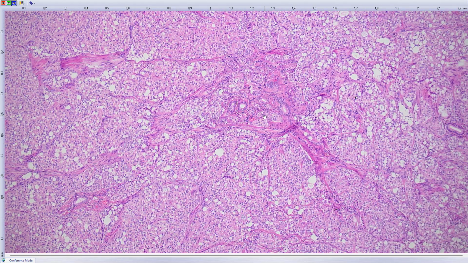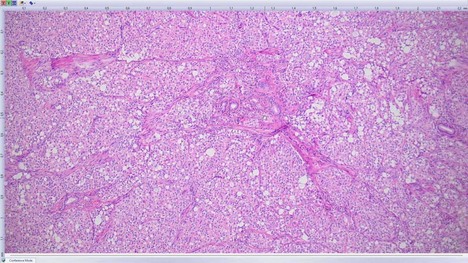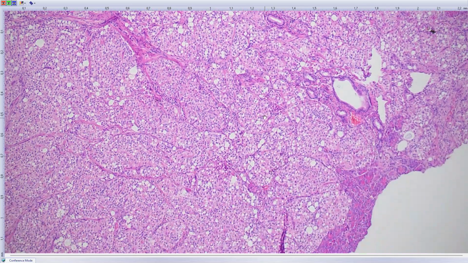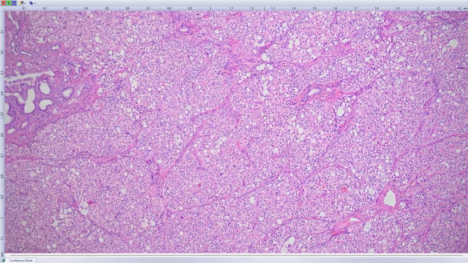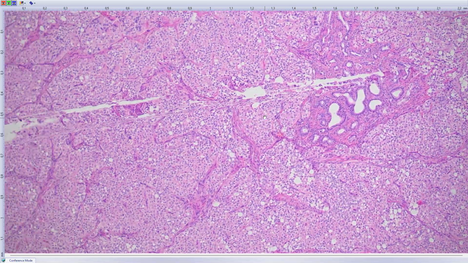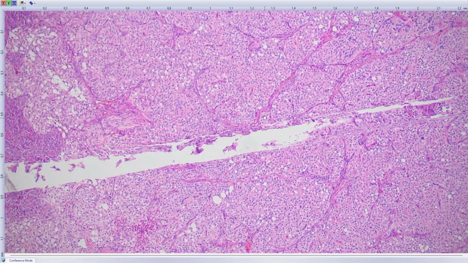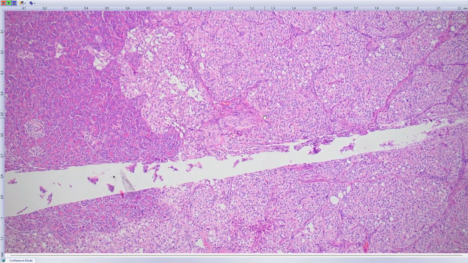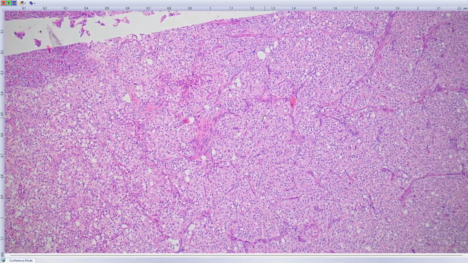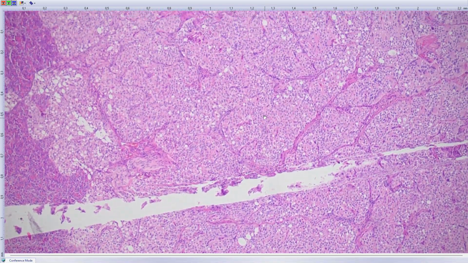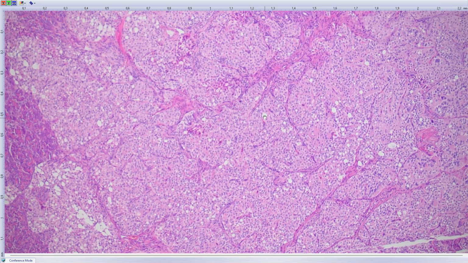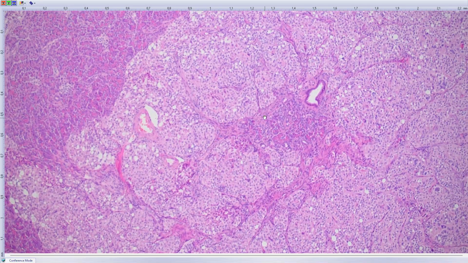It is called solid pseudopapillary neoplasm, or solid pseudopapillary tumor, which is a typical tumor of female patients, and it is very frequently large, with areas of hemorrhage or pseudopapillary areas, but it can also be small and look like this. So it means there is a lesser chance of degenerative changes occurring in the tumor.